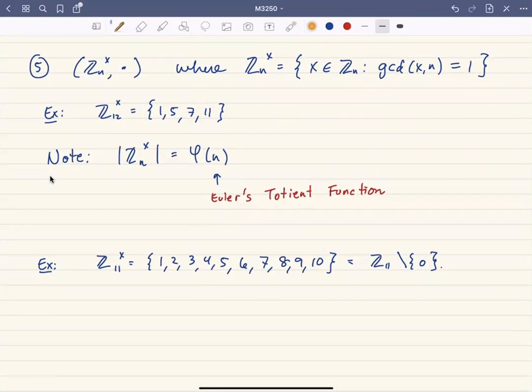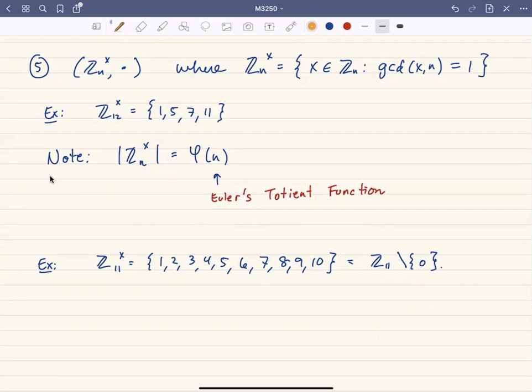Again, I'm trying to avoid too much jargon, but for example, Z sub 12 multiplicative is going to be just the set of integers 1, 5, 7, and 11, because Z12 consists of 0 through 11, and 0 is out. 1 is relatively prime with anything, so this set will always have a 1 in it. 2 is not relatively prime with 12. 3 is not relatively prime with 12. 4 is not relatively prime. 5 is relatively prime, so 5 and 12 have no prime factors in common. 6 is not relatively prime, nor is 8, because 8 and 12 are both divisible by 4.